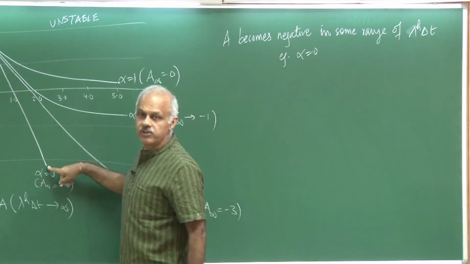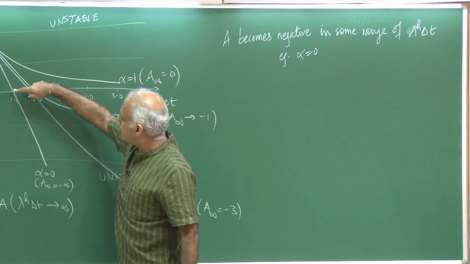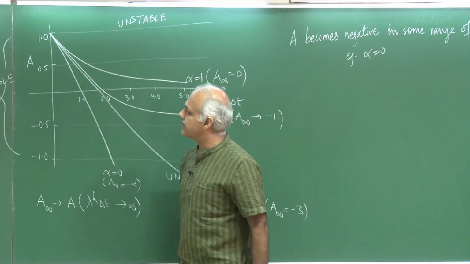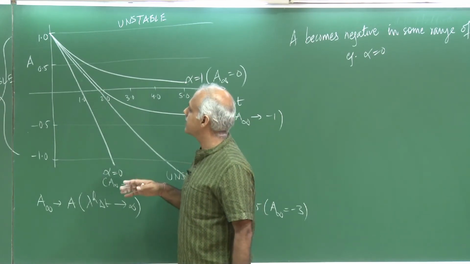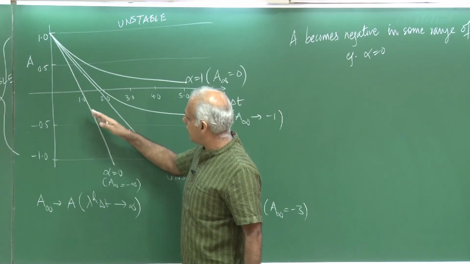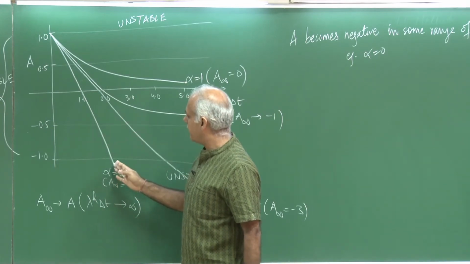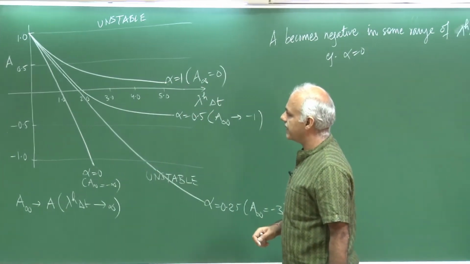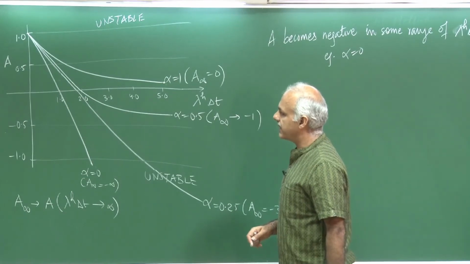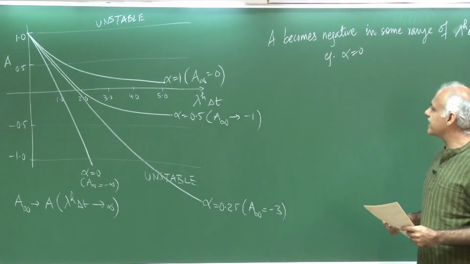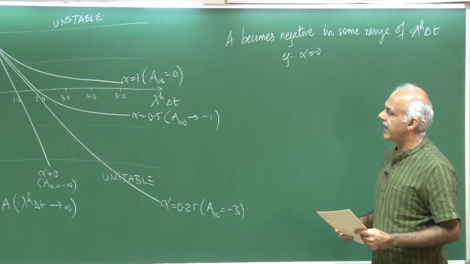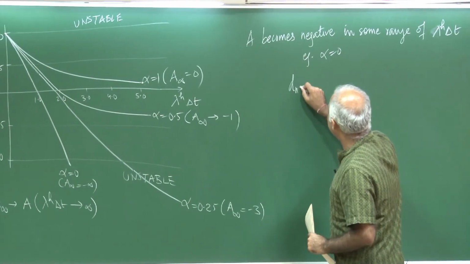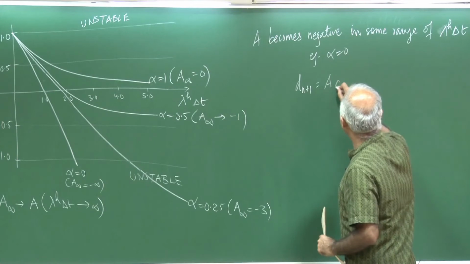So if I choose alpha equal to 0, up to some value of lambda delta t, I have a positive A. Okay. So that means my solution would monotonically decrease. But then as I go to a larger value of lambda delta t, then my A becomes negative, and I would get an oscillatory solution. So this can be very easily understood by looking at the amplification factor. Let me show you how to interpret it. So we have written that d n plus 1 is given as A times d n.